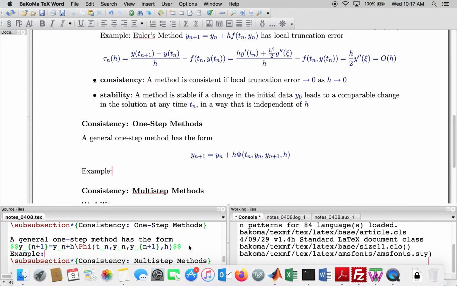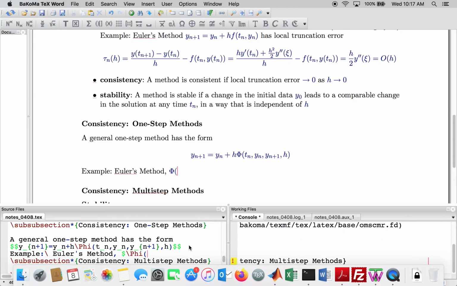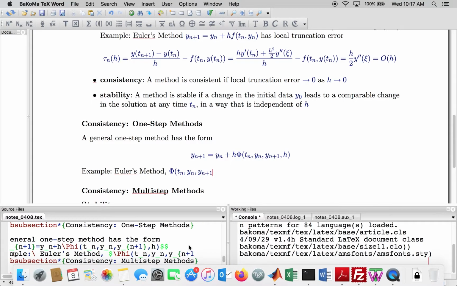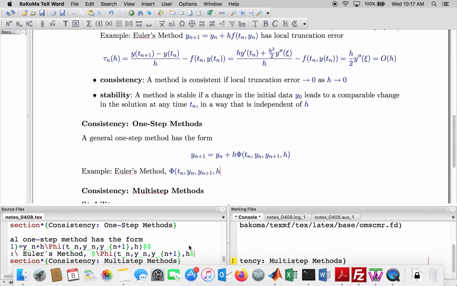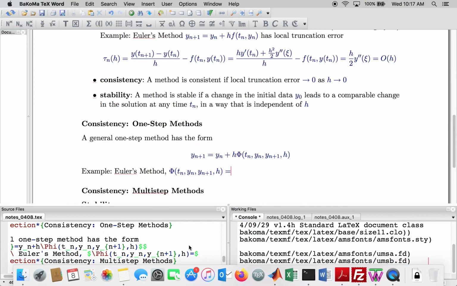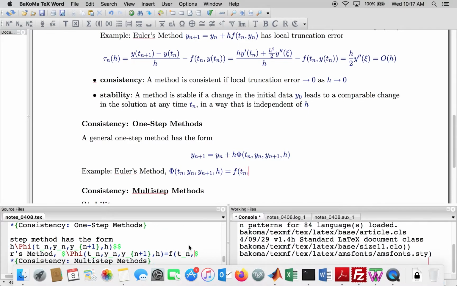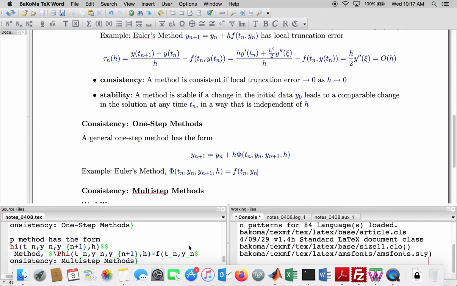So as an example, for Euler's method, phi of t n, y n plus 1 and h is just equal to f of t n, y n.